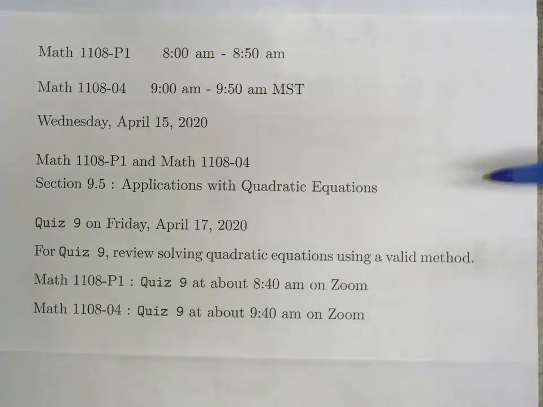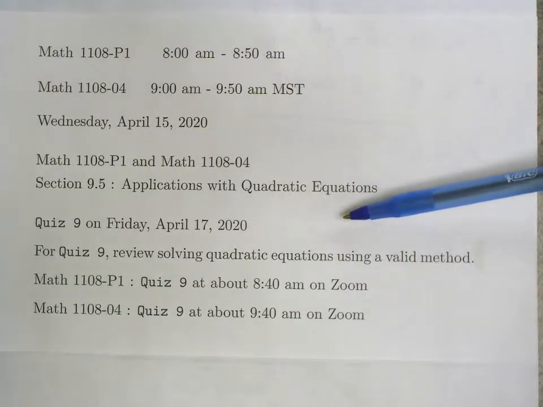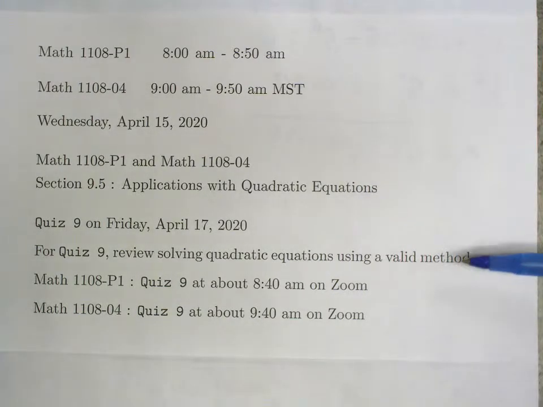Today we're going to cover section 9.5 on applications with quadratic equations. For quiz 9 on Friday, review how to solve quadratic equations using a valid method. If you can solve the equation by factoring, then you're free to do so.